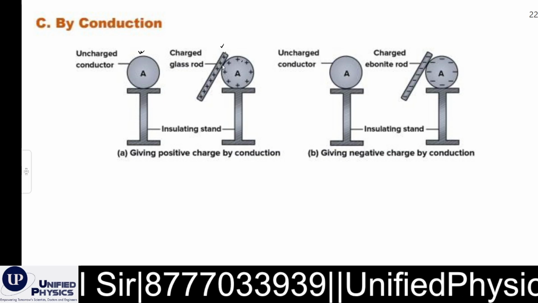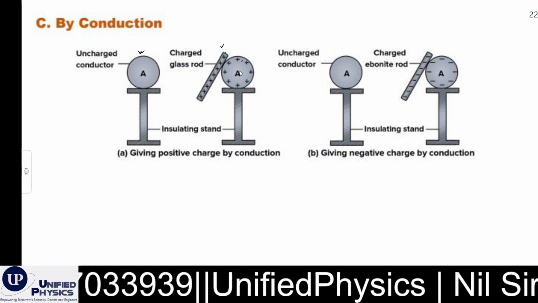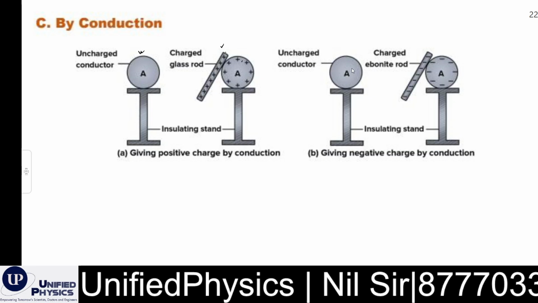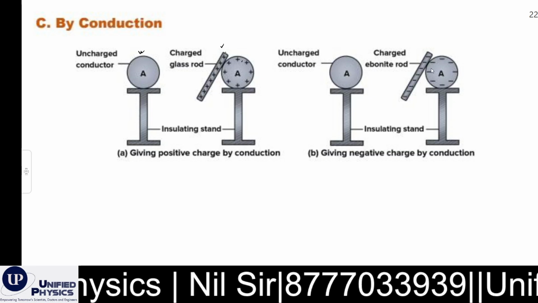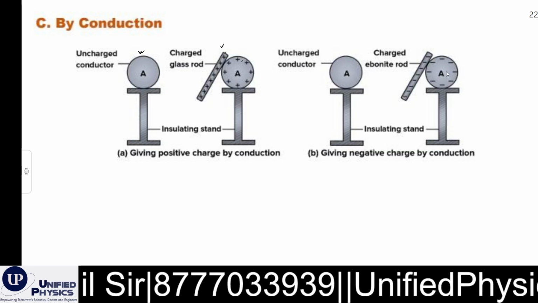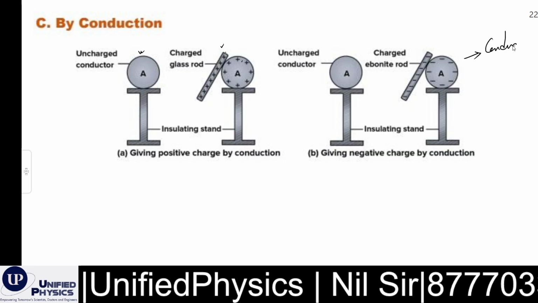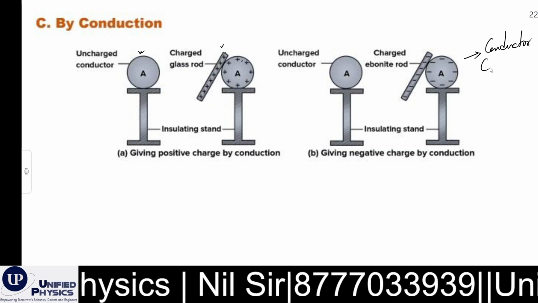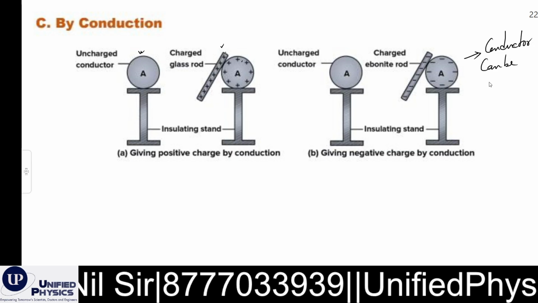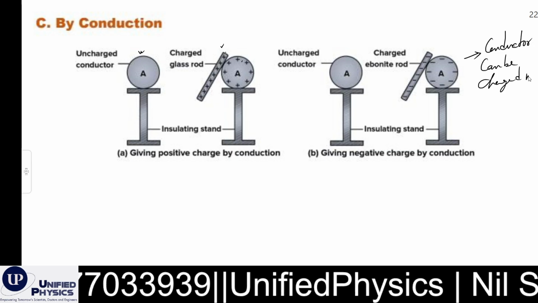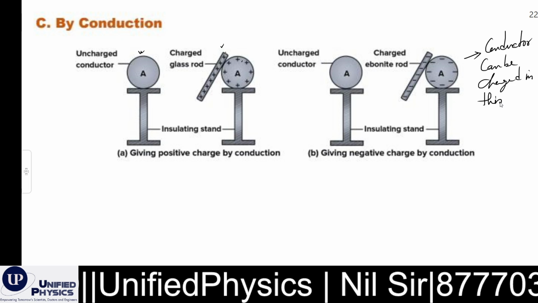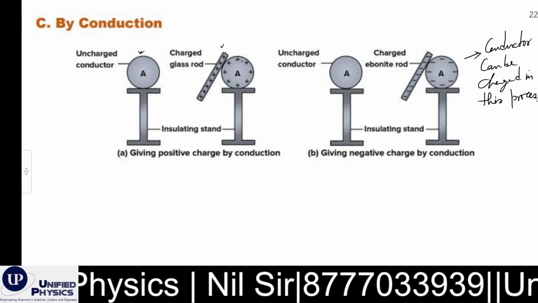Okay, so some amount of charge will be moved to this part. Similarly, if the charged body is negative, then the uncharged body will become negative. But remember, only a conductor can be charged in this process. Okay.